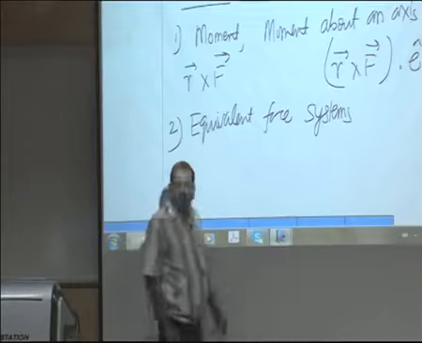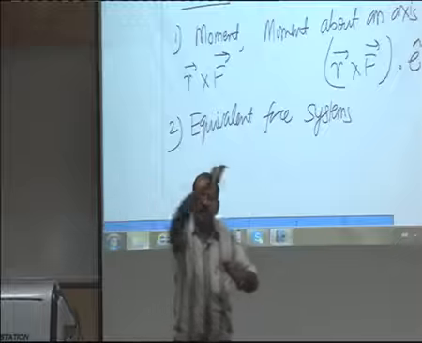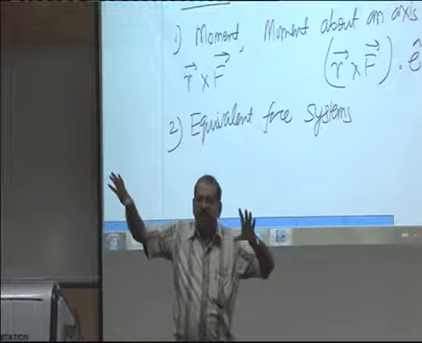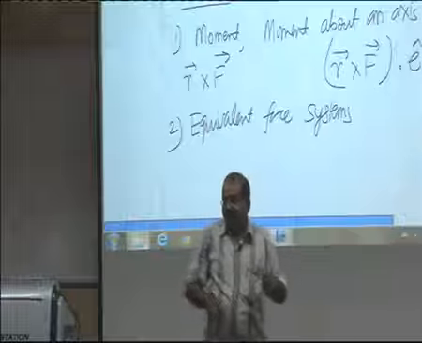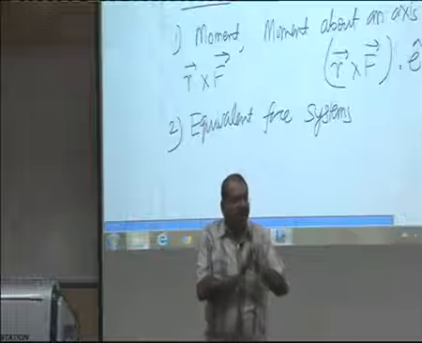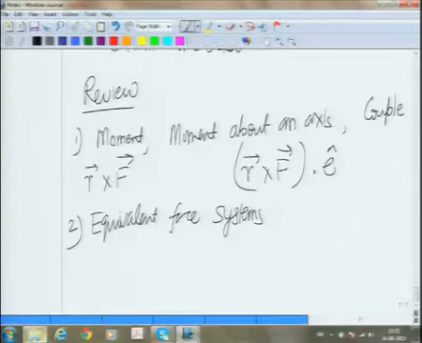Then we came to equivalent force systems, and in equivalent force systems what we saw was, if many forces and moments are acting on a system, what is the net effect of these at any other point? And this we showed in equivalent force systems. We said that if we have to calculate the equivalent, there are two parts.